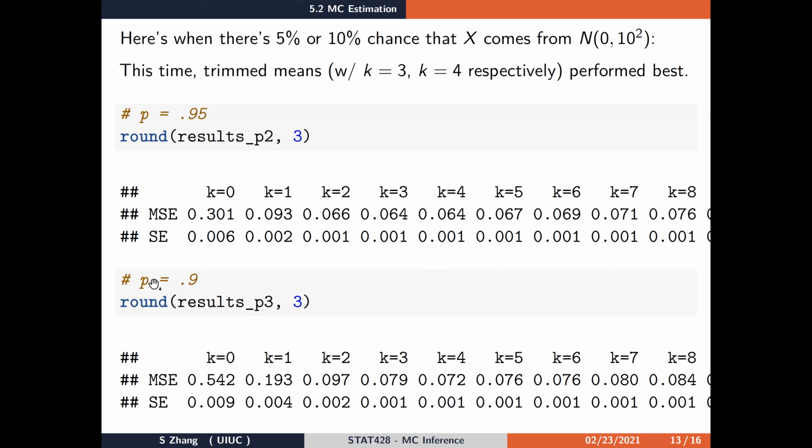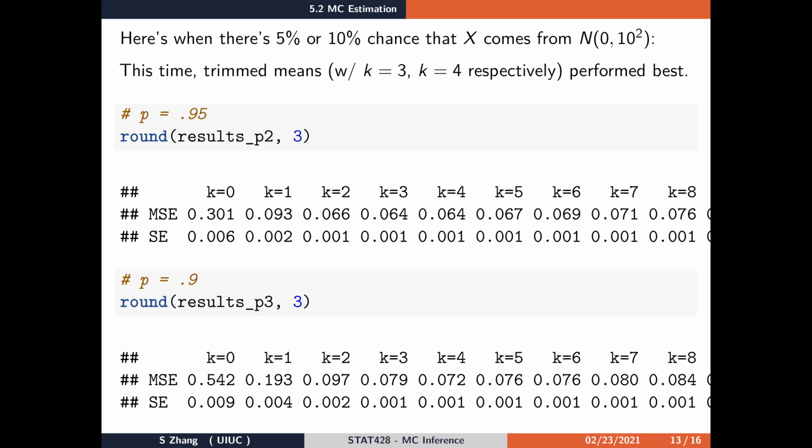And let's look at the case with even more contamination. So when P is equal to 0.9. You can see that here, again, the untrimmed one is not doing well at all. The lowest MSE occurs at K equals 4, where the corresponding MSE is around 0.07. So what does this tell us?